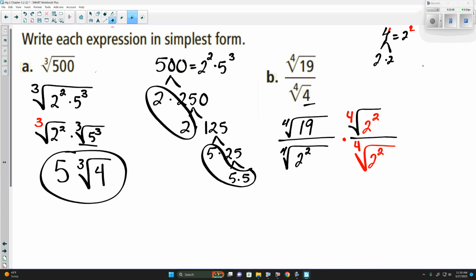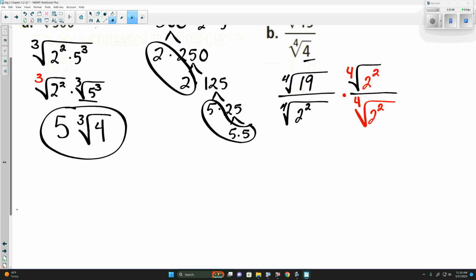So, now if we multiply these here, the denominator would be the 4th root of 2 to the 4th. The numerator is going to be the 4th root of 19 times 2 squared.